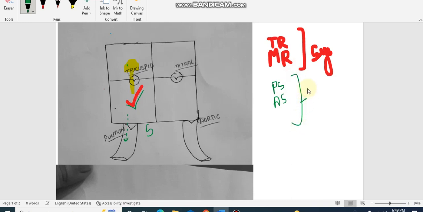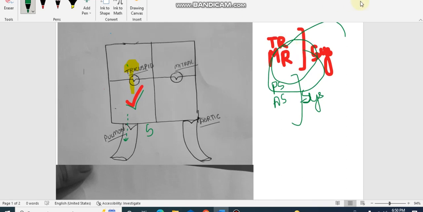Now you need to know which are the systolic murmurs. The TR and MR show the regurgitation, and the pulmonary and aortic, the outlet valves, show stenosis. These four pathologies have systolic murmurs.